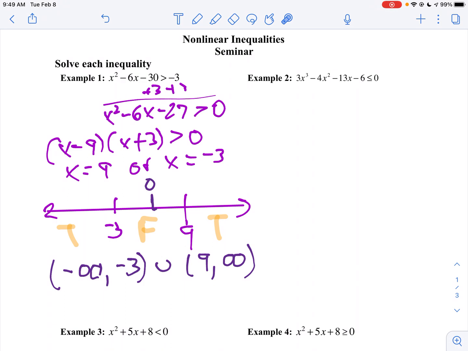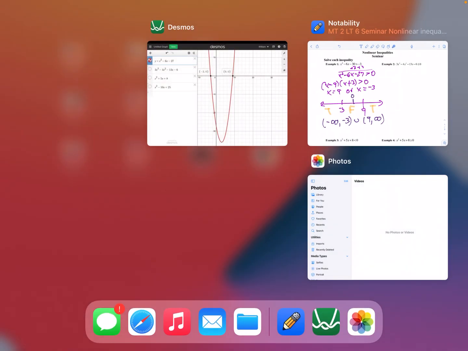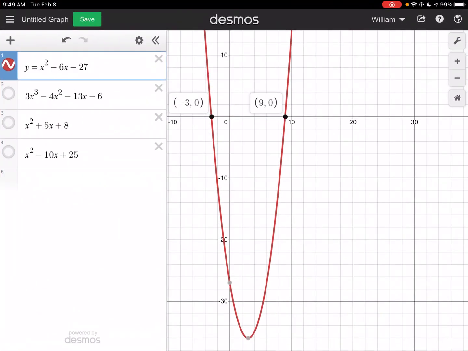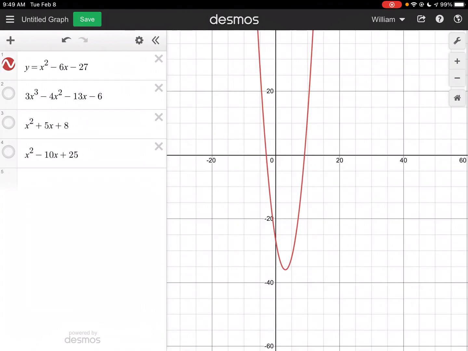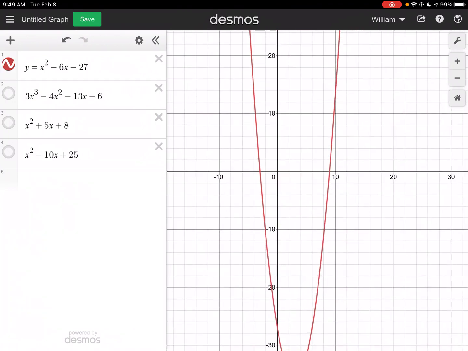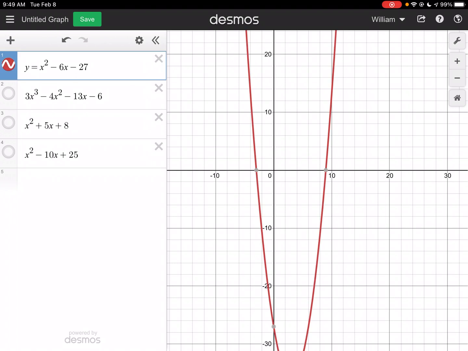Now I can check this with my graph. It might be easier to actually graph it. If I look at the graph, notice that when you are at negative 3 and to the left, you're going to be above 0. When I'm at 9 and to the right, I'm going to be above 0. So that's pretty much what we do.